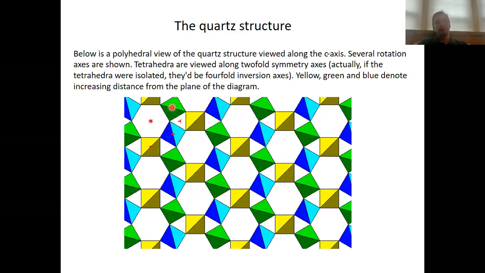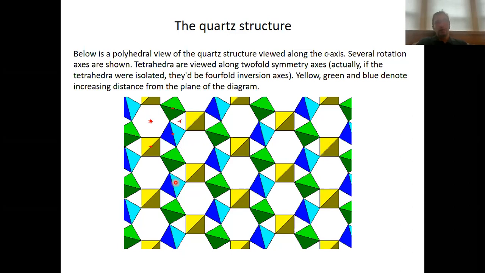The twofold axis actually sits here. It goes through the edges of the tetrahedra. That axis would be a fourfold axis if there were not the additional 3- and 6-fold screw axes.